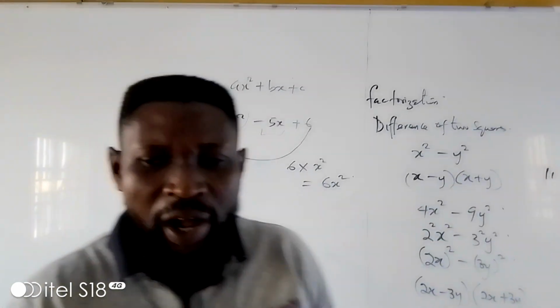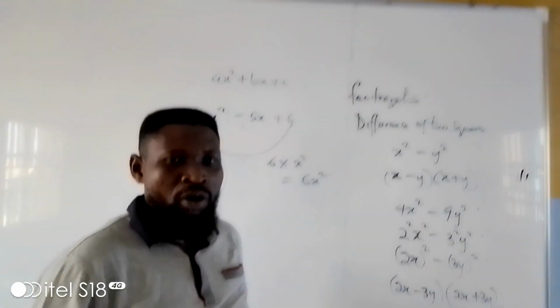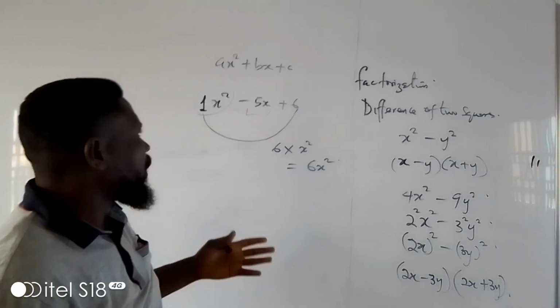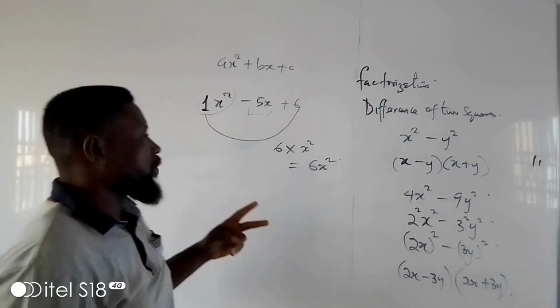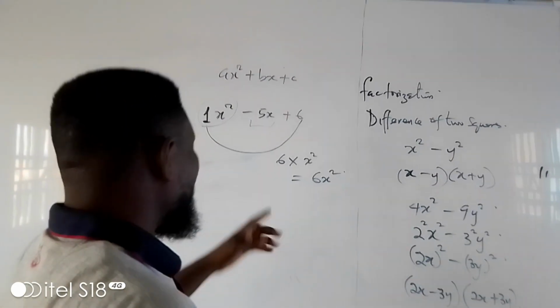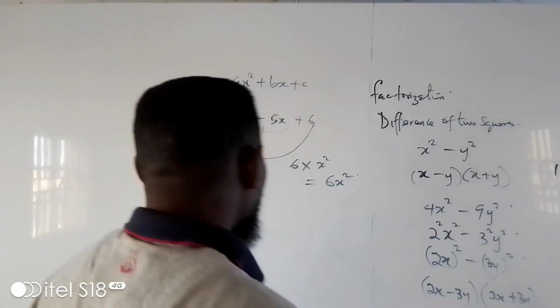So we are looking for two factors that will produce 6x squared. What are the two factors that will likely produce 6x squared? We are looking for two numbers that, when you multiply them together, will give you 6x squared. Let's look at the numbers.